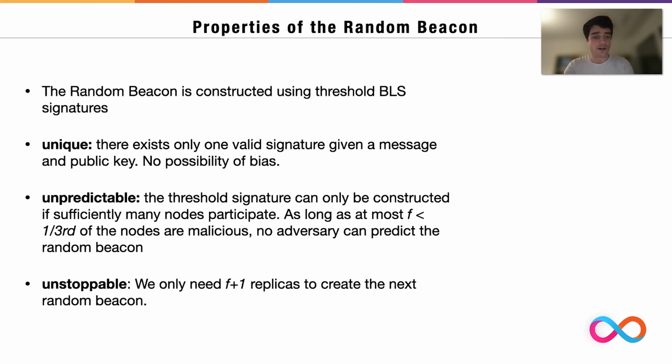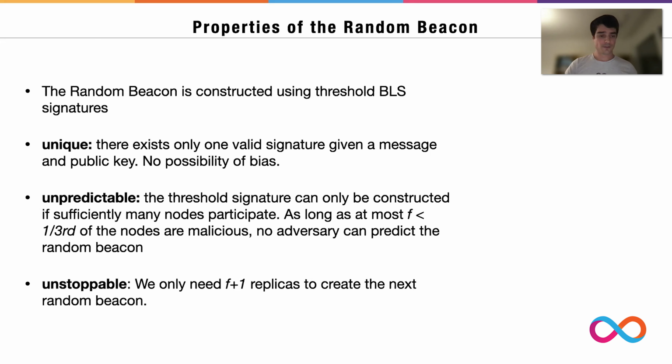And finally, it's also unstoppable in the sense that it only needs f+1, so more than a third of the replicas to participate. So even if some replicas are unavailable, or down, or are malicious and try to stop the system, this doesn't work because we only need f+1 replicas. So we should always be able to make progress.